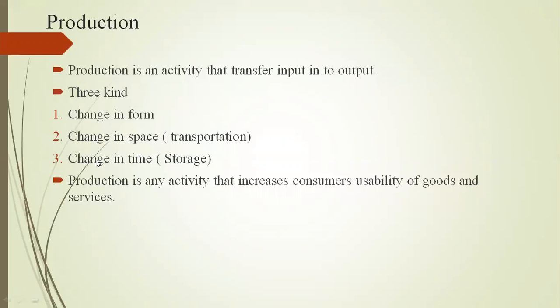Or change in time also, like storage is also a kind of production. So it is an activity that increases customers' usability of goods and services. So any activity which increases customers' usability of goods and services, we will say it is production.